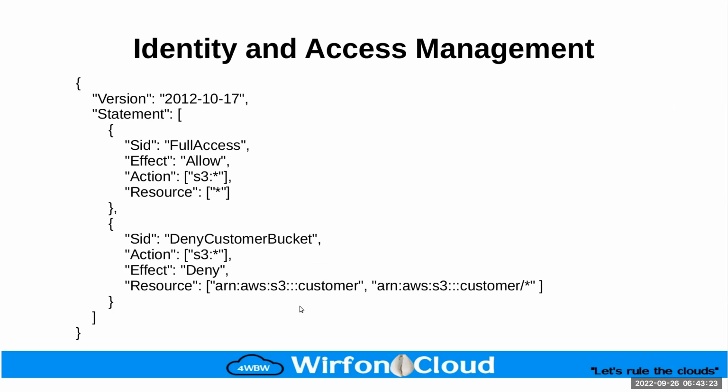And this is just an example. It may look intimidating at the moment, but most of these things are not as intimidating as they look. They're the most basic. Once you sit down and look at it a couple of times, you start understanding what they are. So this is how a policy is written.